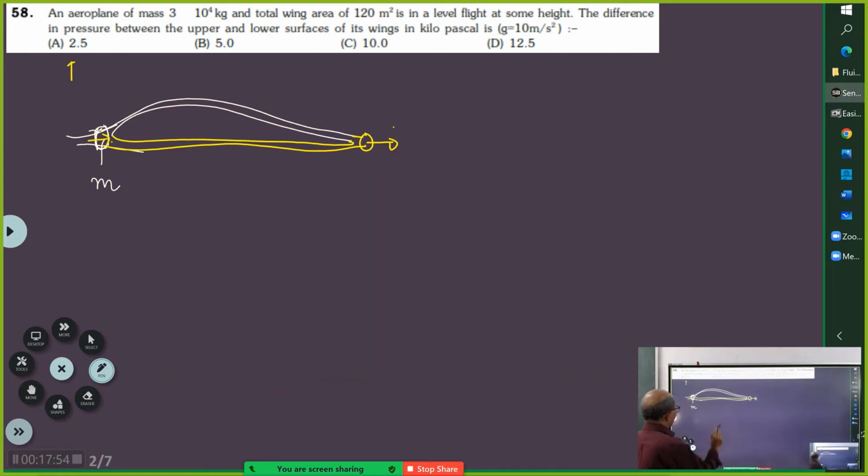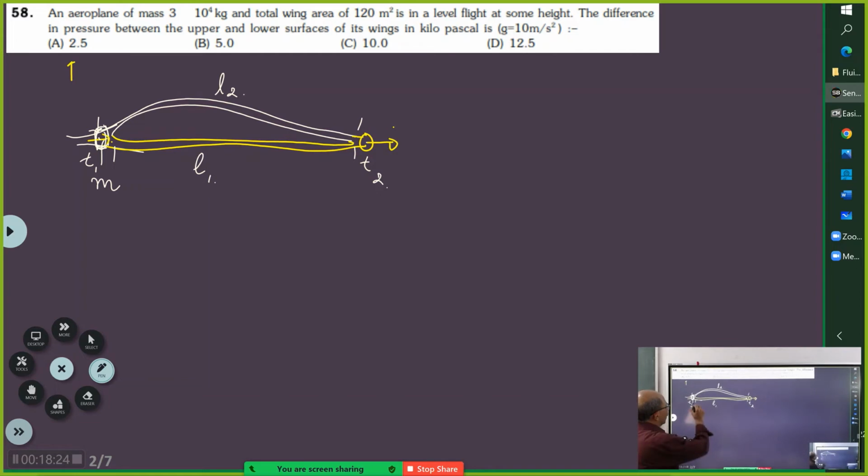But now you see, some particles of air will take this path, whose length is L1. Some particles will take this path, whose length is L2. Whatever particles entered here, the same particles will come out. It has entered at time t1, and all these particles will come out at time t2. Do you agree? Same particles, not different particles.